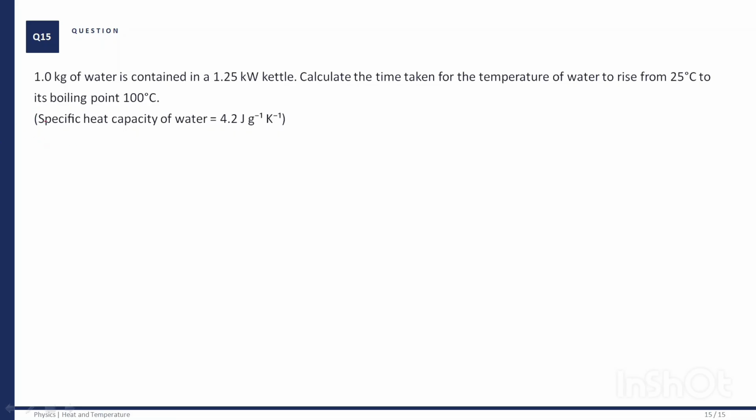So once again, we will write what is given here. This is the mass, power given in kilowatt, convert into watt. And we have to find the time. Initial temperature is 25. The final temperature is 100 degrees Celsius.